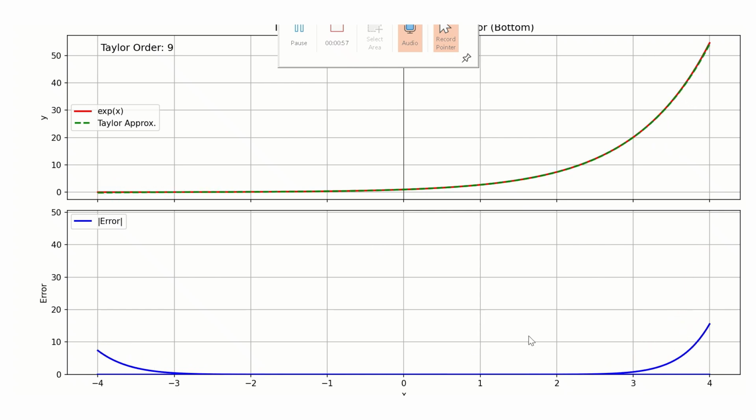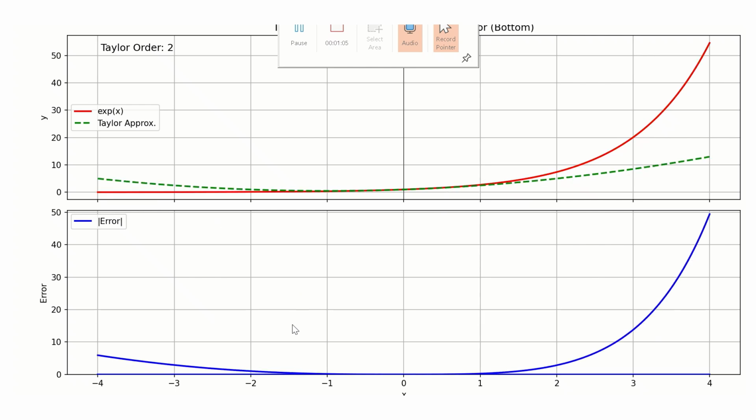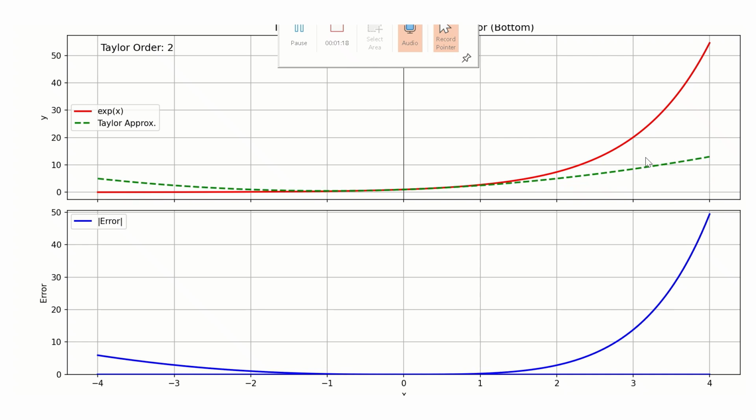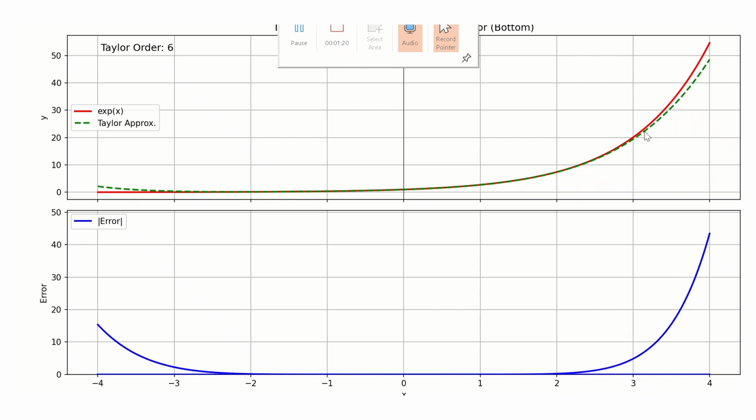The blue one below is the error function, which also changes as you move along the axis. As you increase the Taylor order, the error gets smaller, approaching 0.